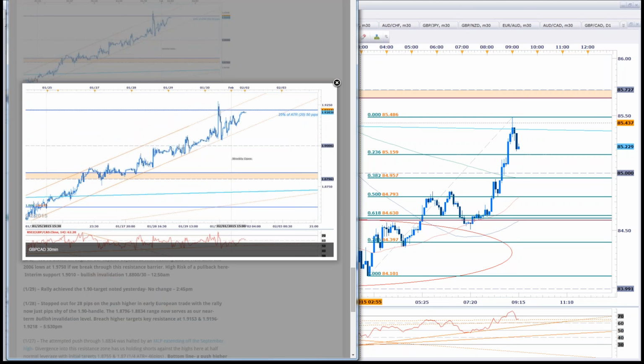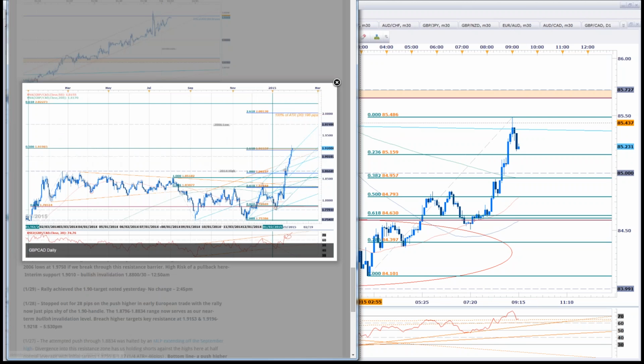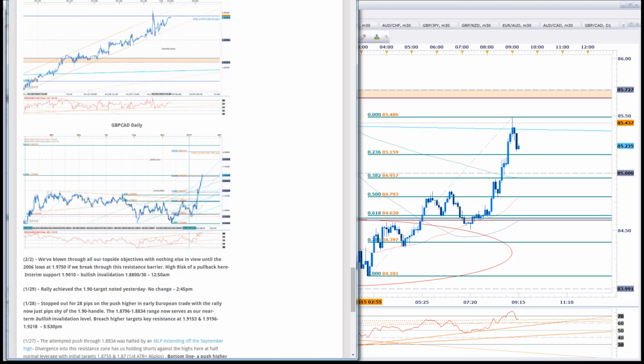Okay? Yeah, this really strong, well-defined channel on the 30-minute that's been holding for a few weeks. The daily was right in this major key resistance range, 91.15 to 91.96 key resistance. And we said, look, at this point, the trade is obviously to the upside, okay, but there is a high risk of a pullback here with downside targets at 90.10 and 88/88.30.